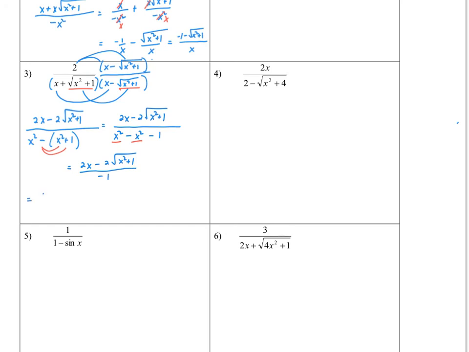If it helps, we can always break the fraction apart. And now simplify. 2x divided by negative 1 is negative 2x. Right here, negative divided by negative will get us positive. So we'll end up with negative 2x plus 2 root x squared plus 1.